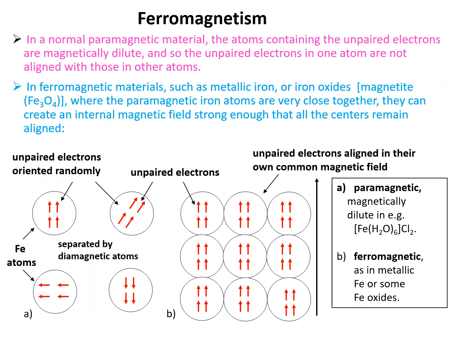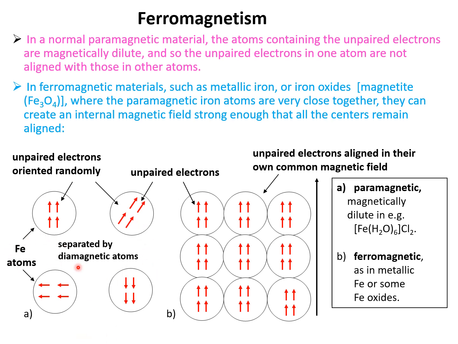Then the next concept is ferromagnetism. In a normal paramagnetic material, the atoms containing unpaired electrons are magnetically dilute, and so the unpaired electrons in one atom are not aligned with those in the other atoms. In the case of ferromagnetic materials such as metallic iron or iron oxides, for example magnetite, the well-known Fe3O4, where the paramagnetic ion atoms are very close together, they can create an internal magnetic field strong enough that all the centers remain aligned.